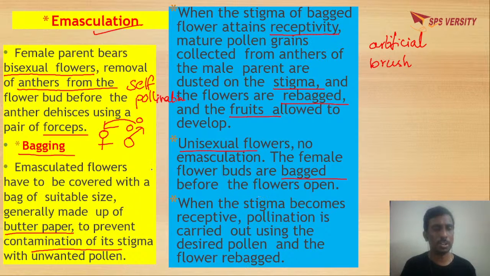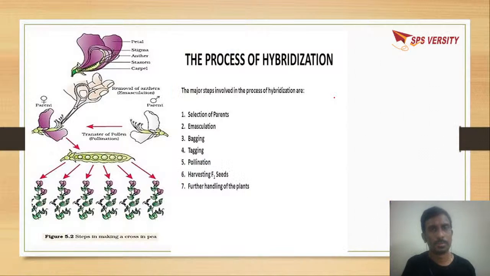Pollination should be carried out only between these two so that they can reach a specific variety. So here they will do emasculation, bagging and rebagging, which are very important steps in the hybridization program, which is done in agriculture research institutes.